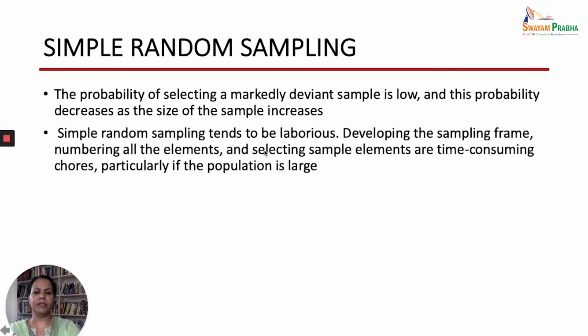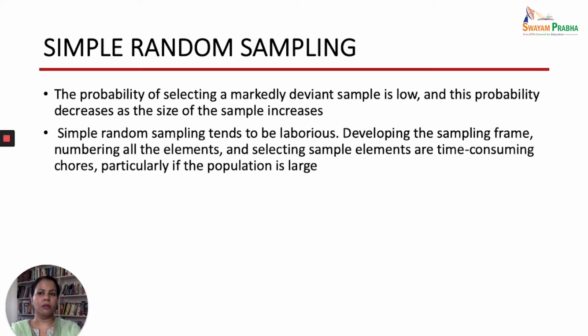Then simple random sampling tends to be laborious. Yes, simple random sampling is laborious because here you have to have a sampling frame, and sometimes if your population is very large, sampling frame development is a very difficult task, because you may not be able to get the list of each and every subject of the population.